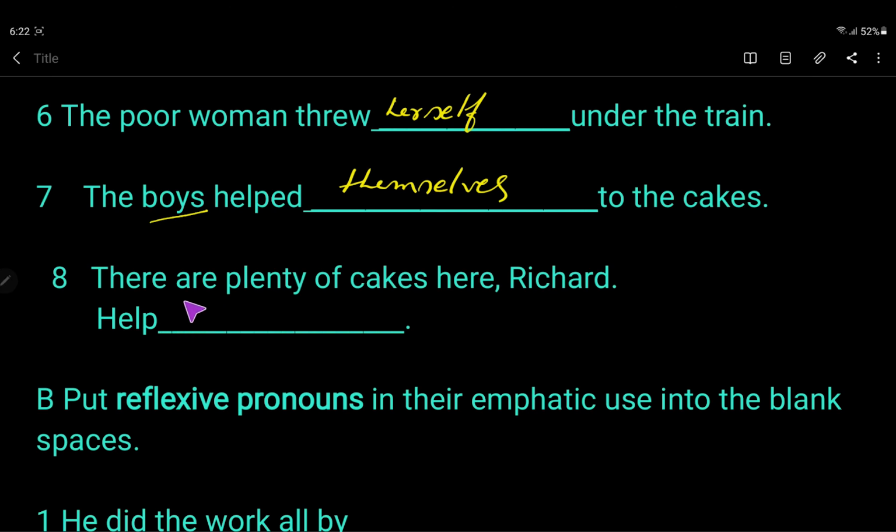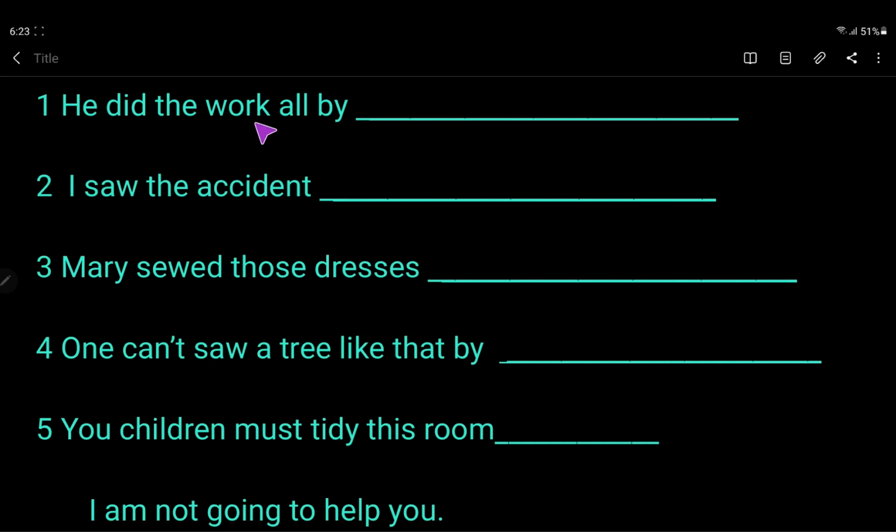Help whom? Help yourself. Now, the next exercise: put reflexive pronouns in their emphatic use into the blank space. The same way you just put what you have done before, the same you will put here. He did the work all by himself, because here he is a subject, in place of he we will use the reflexive pronoun, though this is the emphatic, that is not the matter.